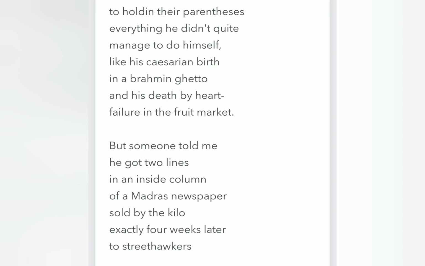The poet shows that even if his father was a Brahmin, his birth was very ordinary, and even his death could not be controlled by him. In spite of being educated, he died in a market of heart failure and couldn't save himself. So, he has achieved nothing in his whole life.